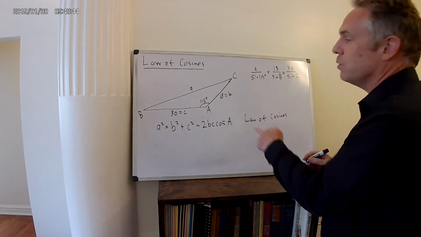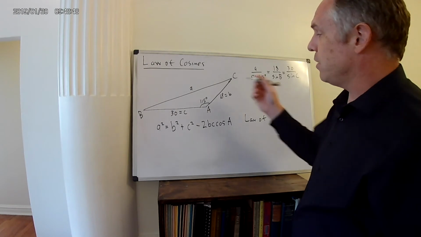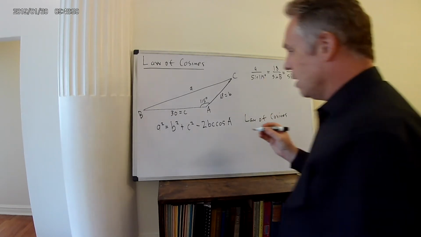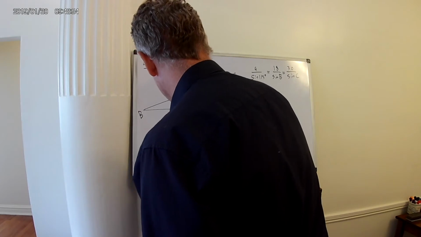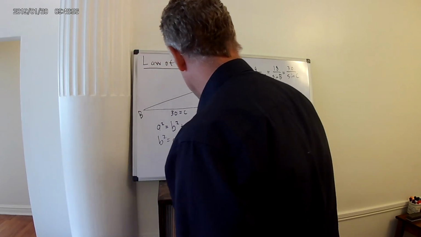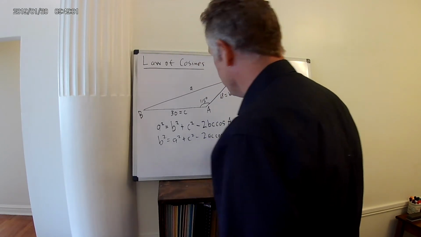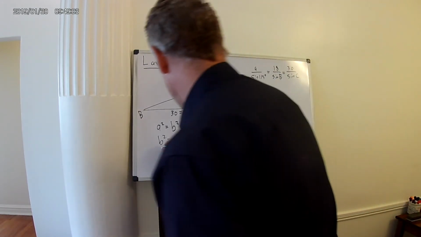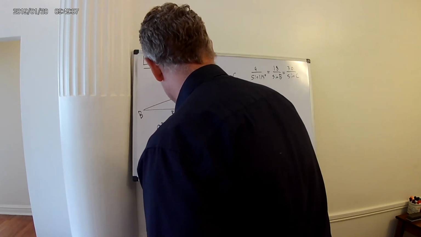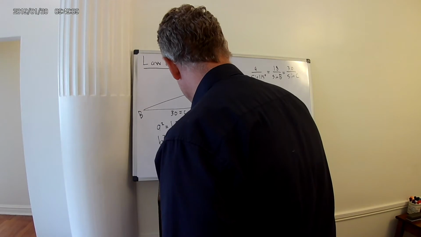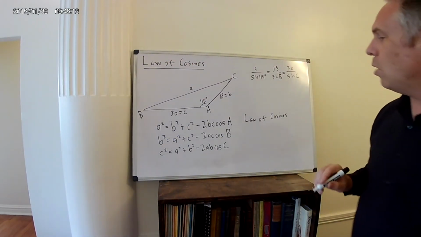So this is the law of cosines applied to side A. We could also apply the law of cosines to side B and C, and that would look like this. B squared equals A squared plus C squared minus 2AC cosine of angle B. Or we could apply it to side C. C squared equals A squared plus B squared minus 2AB cosine of angle C. These are all the same law.